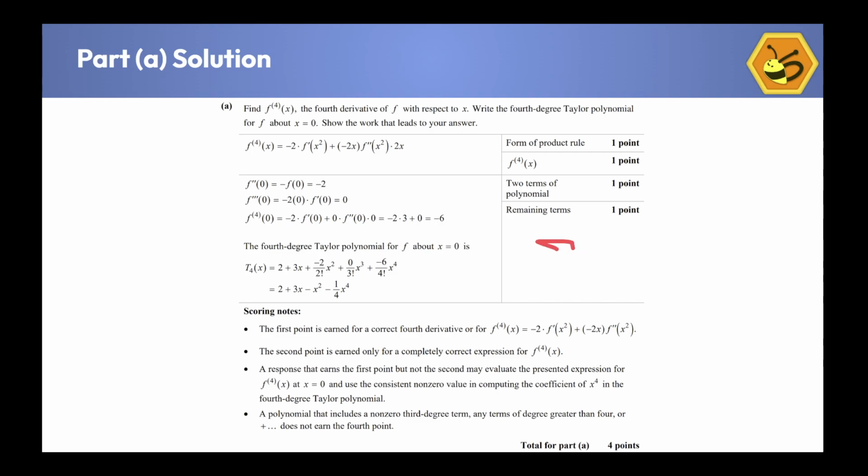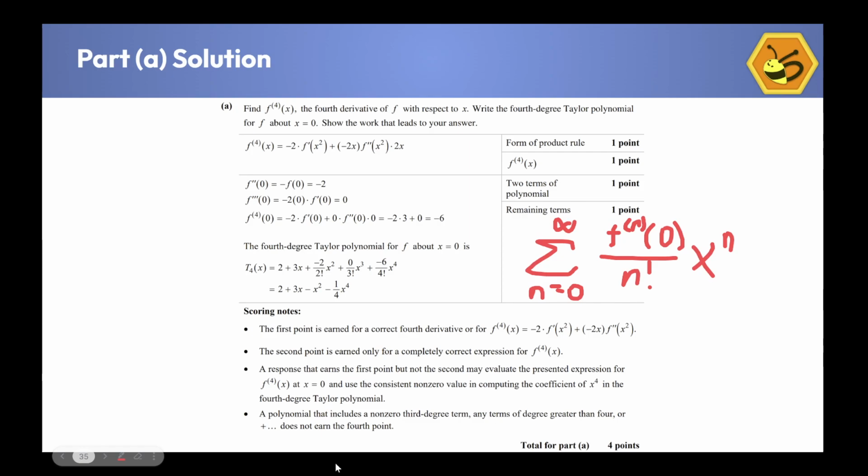So it is the sum from n equals 0 to infinity of a fraction with the nth derivative at 0, because it's Maclaurin, and x to the n, because its center is at 0. We can use this general term to get the remaining terms.